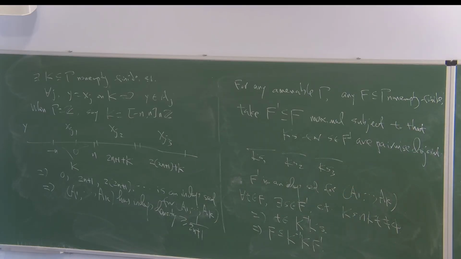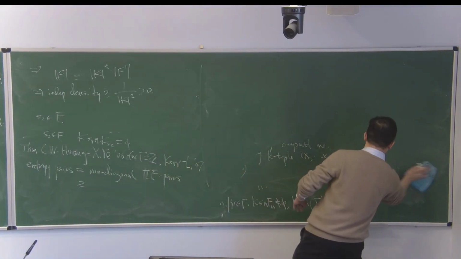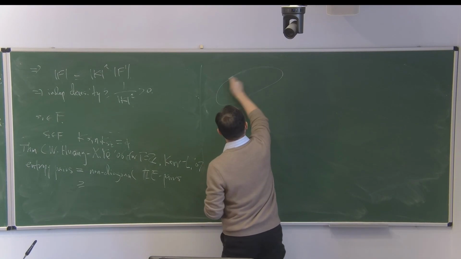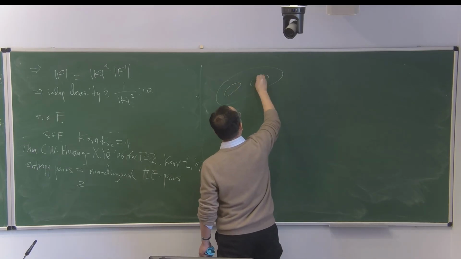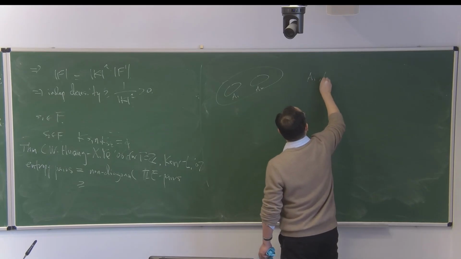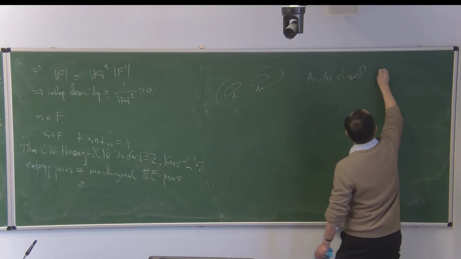So what you can see is, in this situation, this is A1, A2, closed and disjoint.